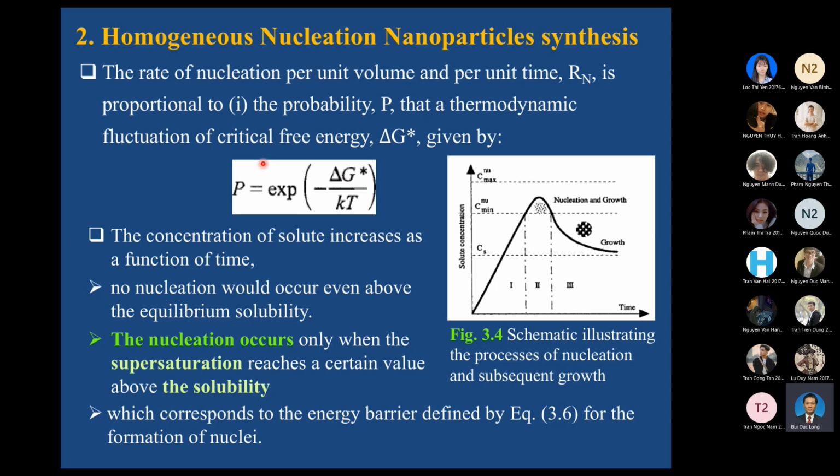Also, when the temperature is reduced, more nuclei can be formed, when ΔG star is smaller or temperature is reduced. So this is what I mean.